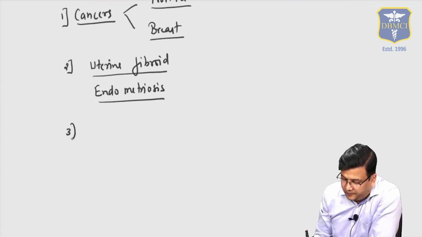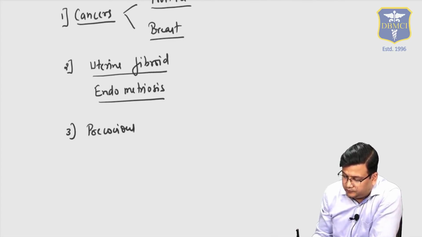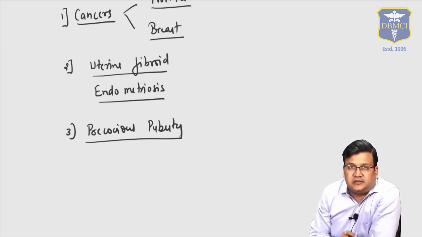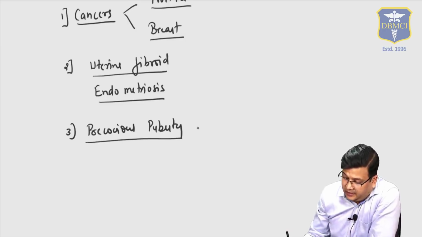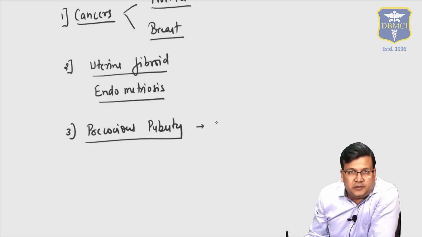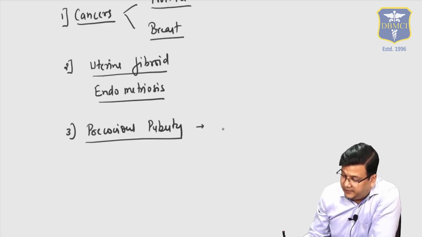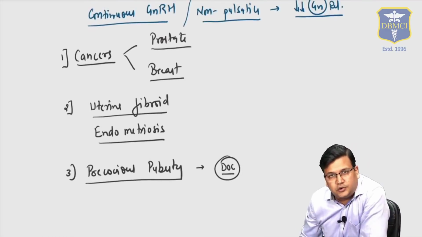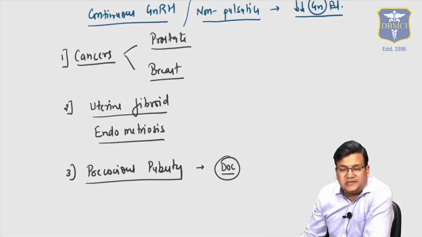And third, when there is precocious puberty. Puberty in males below 9 years of age is known as precocious puberty, and GnRH agonists will decrease the appearance of its symptoms, and they are the drug of choice for this condition. So these are the non-pulsatile uses of GnRH agonist.